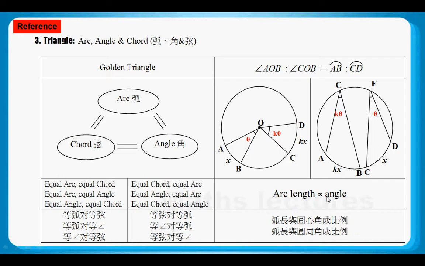Arc length is proportional to angle at the center. Arc length is proportional to angle at the circumference. Okay? Because arc length calculation and angle at the circumference calculation are all based on angle at the center.